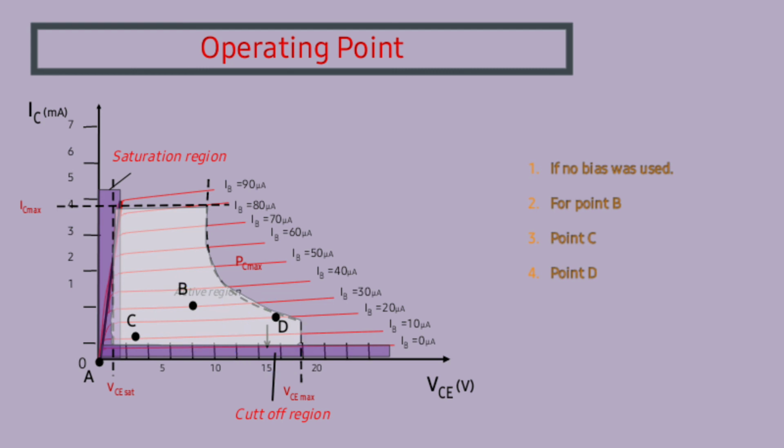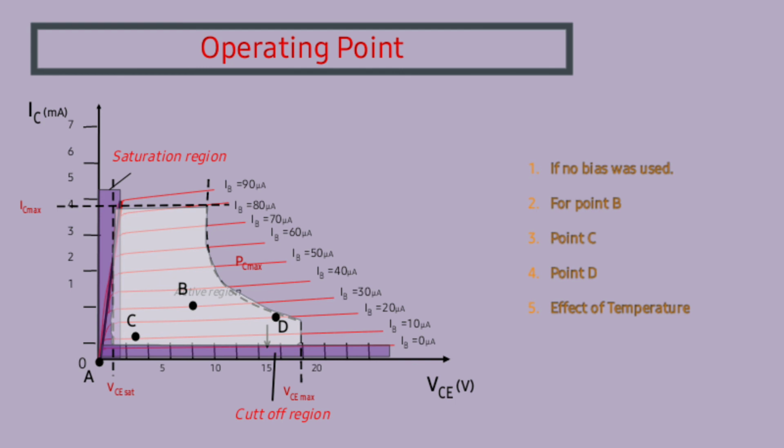Next point we need to consider is the effect of temperature. Having selected and biased the BJT at the desired operating point, we must also take the effect of temperature into account.